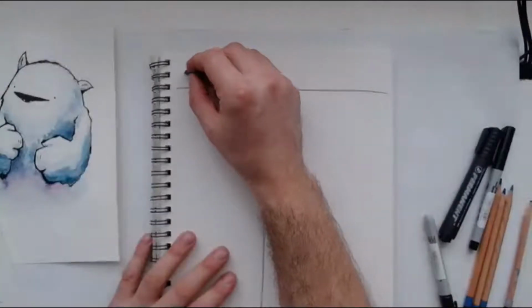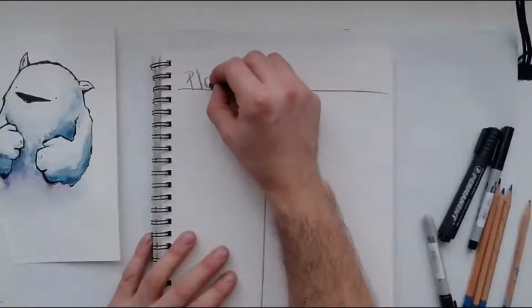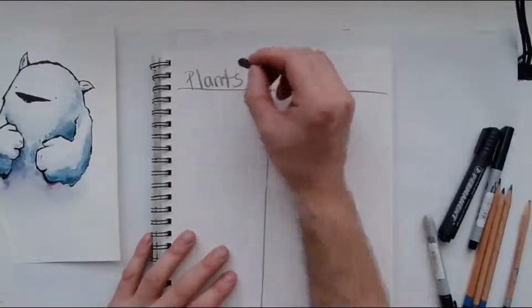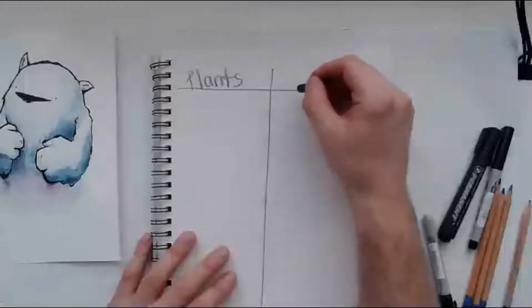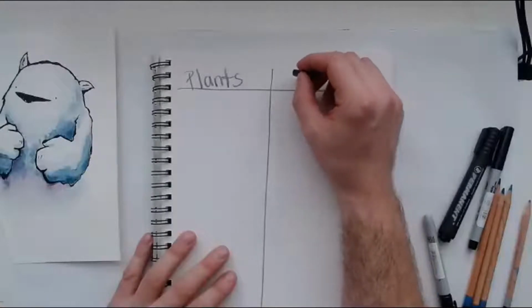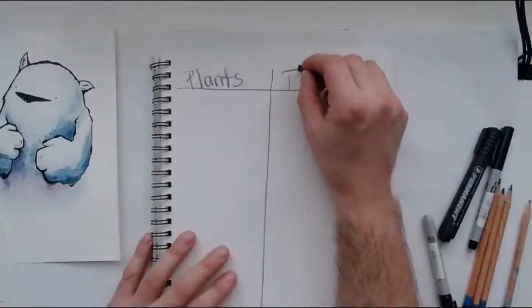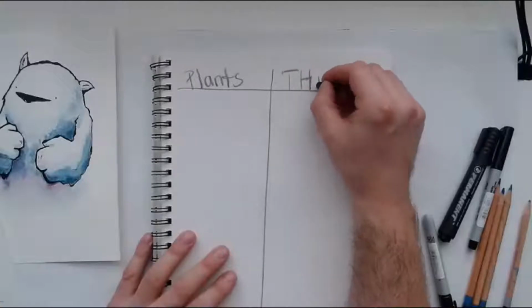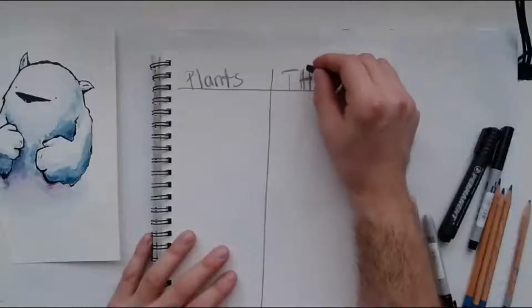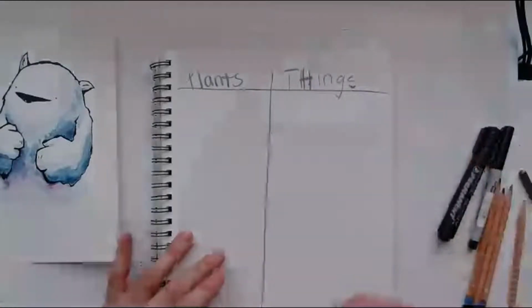Sometimes I'll make a list of plants. And then on this side, I'll make a list of animals. Maybe this time I'll do plants and things. Switch to the marker.